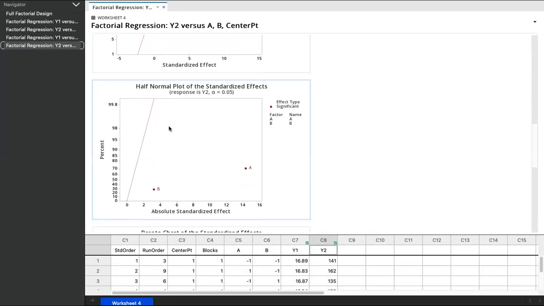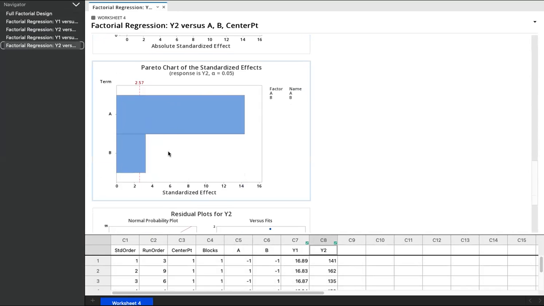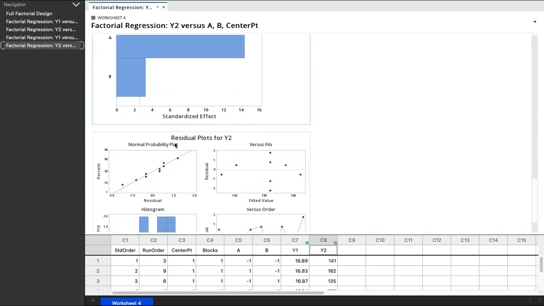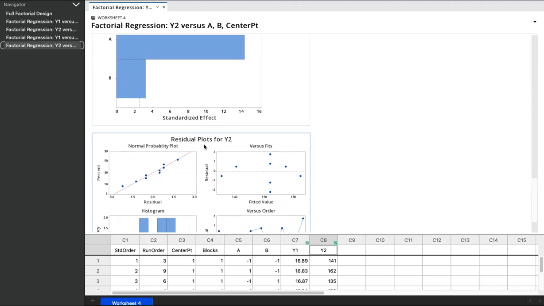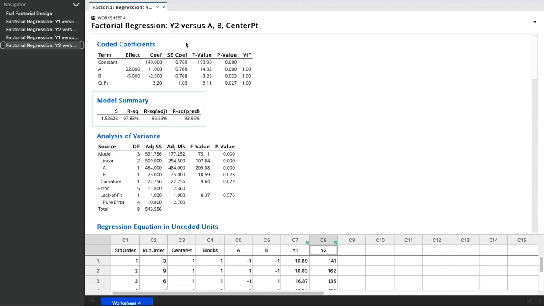Normal plot and half normal plot, they are significant. Also on the Pareto chart, both are significant, and we can see now that there is normality on the residuals and constant variance, so we can see that our assumptions are fulfilled.